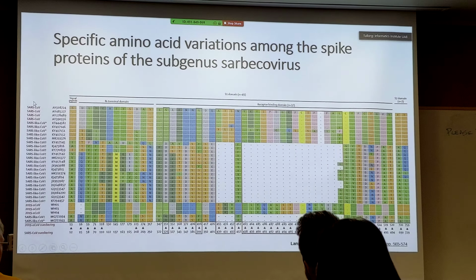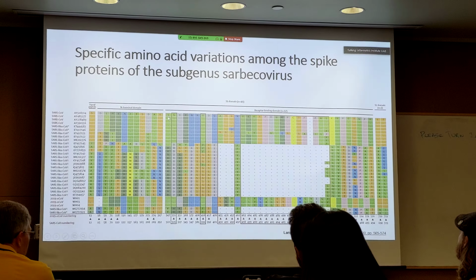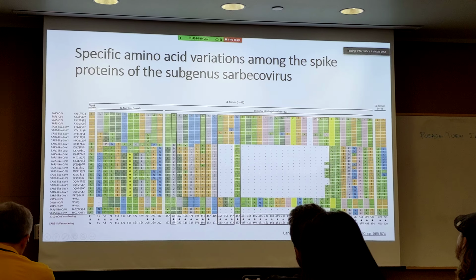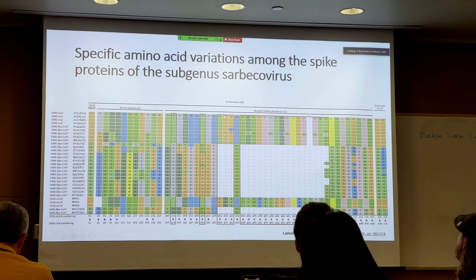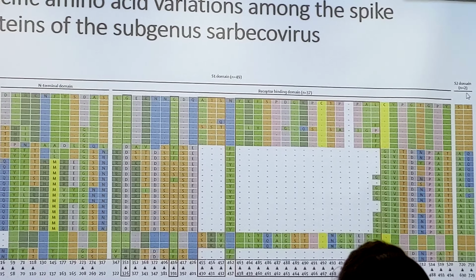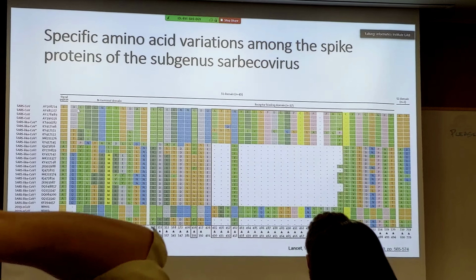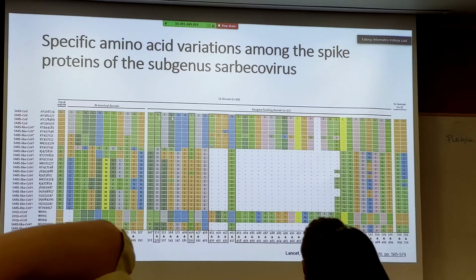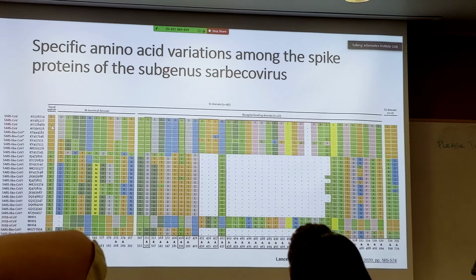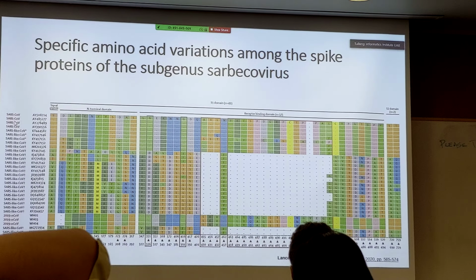If you look at the red ones, these are the SARS residues, amino acids, for the S1 domain and S2 domain of the spike protein. In this representation, only the key residues are shown. When it has a dot, it means it agrees with the template, which is the first line.